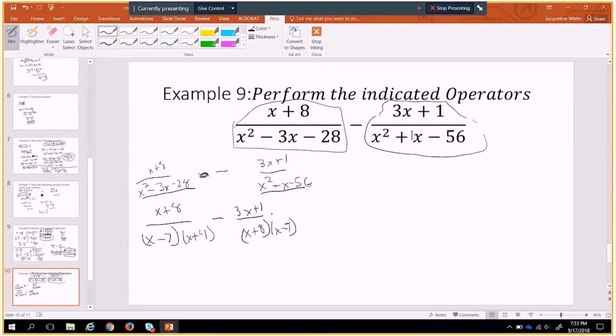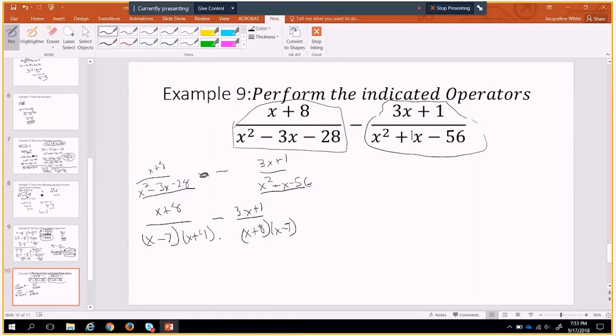All right. So now we look at the denominators of both these and think, what is the same and what's different between the two? We have an x minus 7 here, an x minus 7 there, an x plus 4 here but not an x plus 4 there, and an x plus 8 there but not an x plus 8 here.